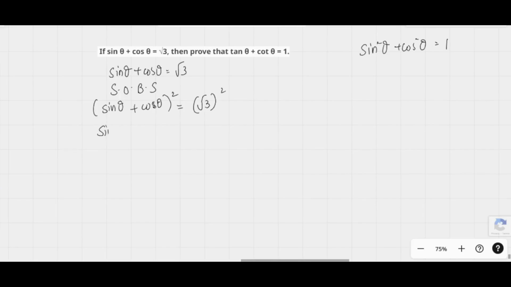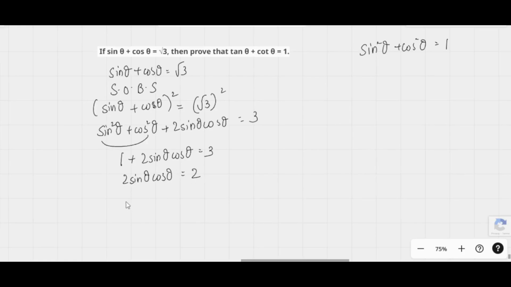So a square plus b square plus 2ab: sine square plus cos square plus 2 sine theta cos theta is equal to 3. Come on, we got our identity. Sine square plus cos square is 1. So 1 plus 2 sine theta cos theta is equal to 3. So 2 sine theta cos theta will be equal to 3 minus 1, which is 2. Yeah, 2 cancels. So sine theta cos theta we got as 1.